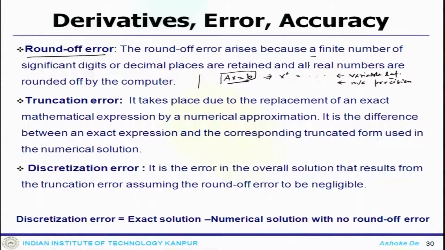It may be possible that I define a double precision variable, but my hardware, the precision of the computer, is less. If that happens, then even though I have defined a double precision variable, it will round off the values after a certain digit of the decimal.